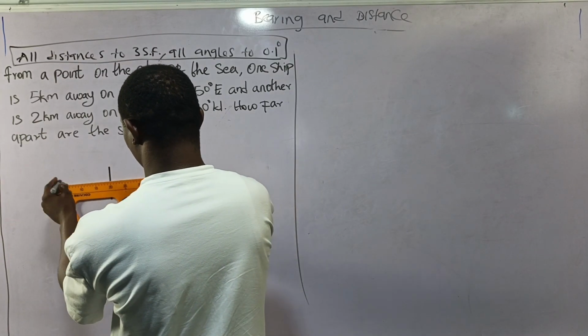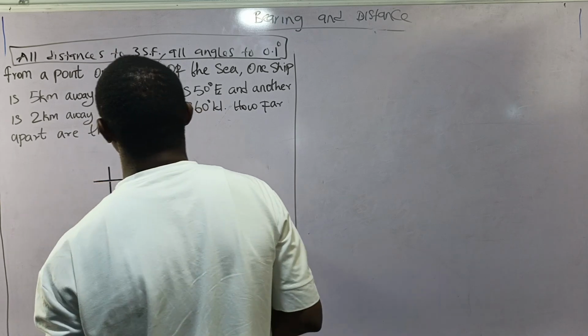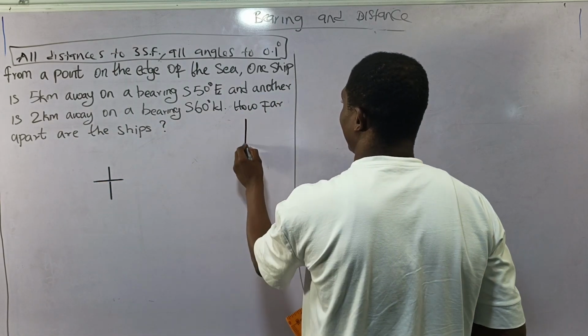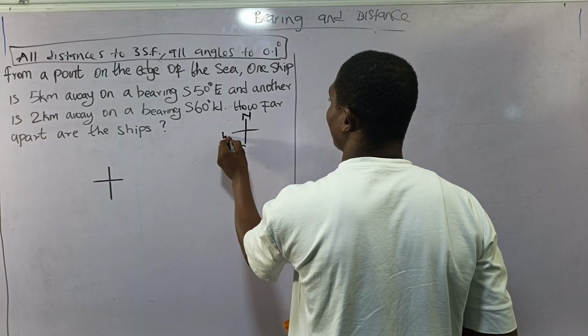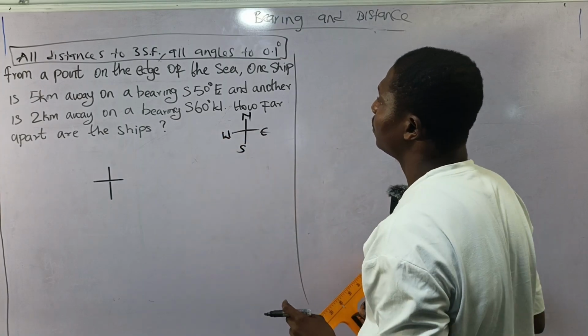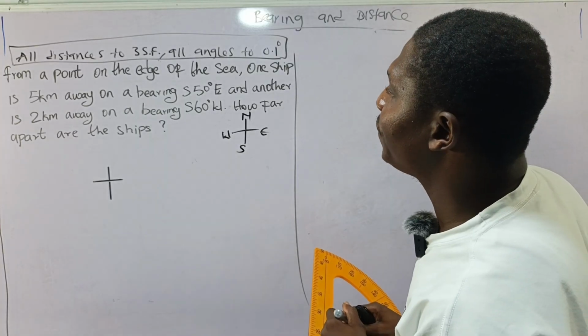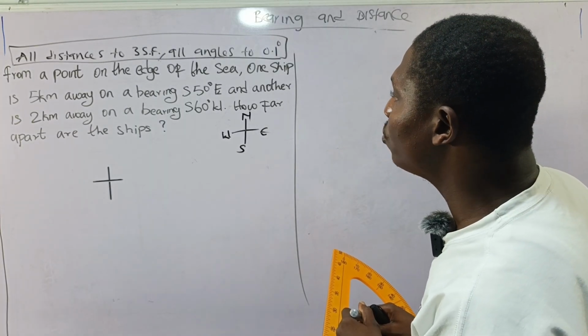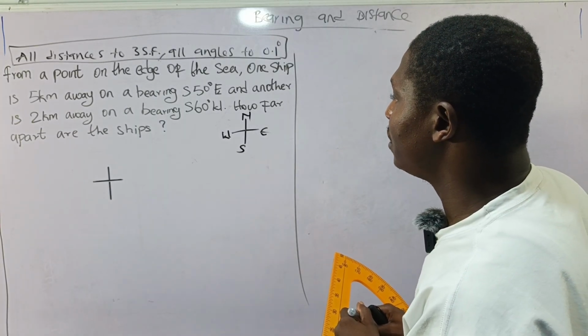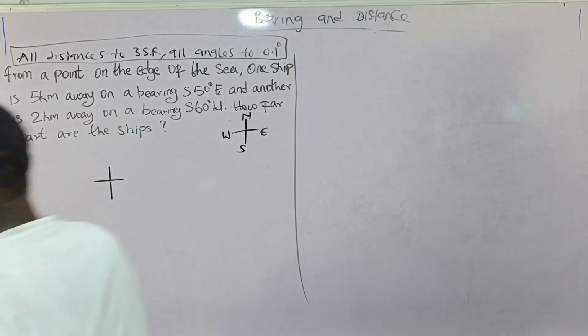Always remember to use your ruler, please. And remember this as a guide: North, south, west, east. One ship is 5 kilometers on a bearing of south 50 degrees east. This is my south 50 degrees east.